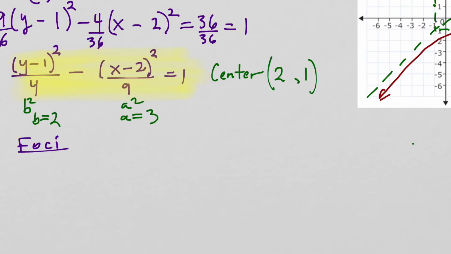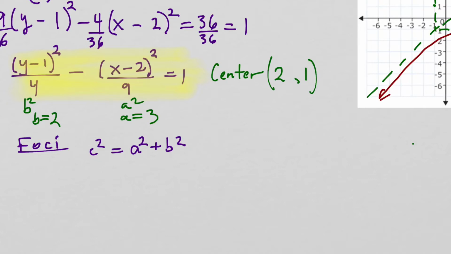The formula says that c squared equals a squared plus b squared. So for the ellipse, this was a minus. For the hyperbola, this is a plus.